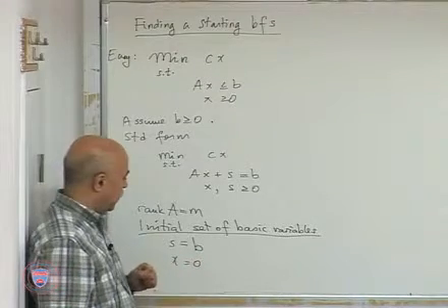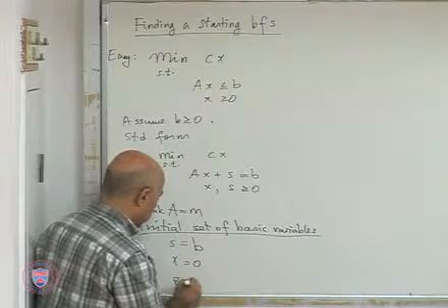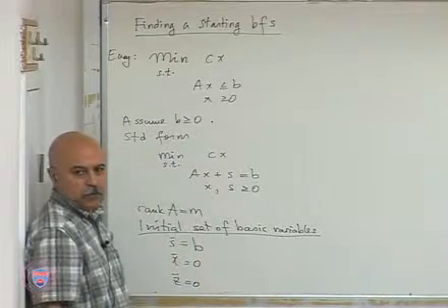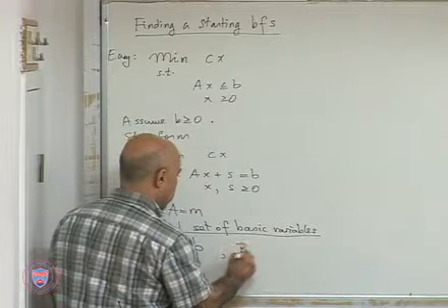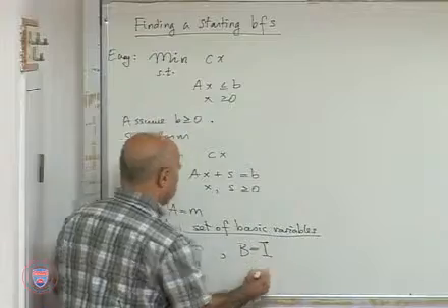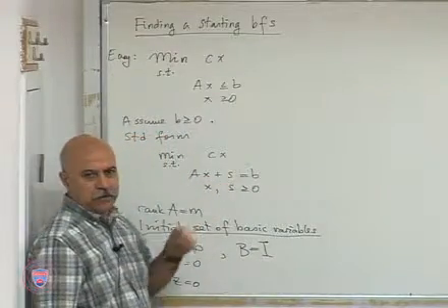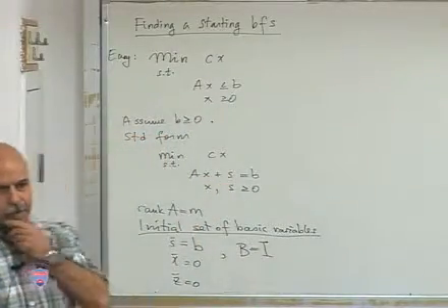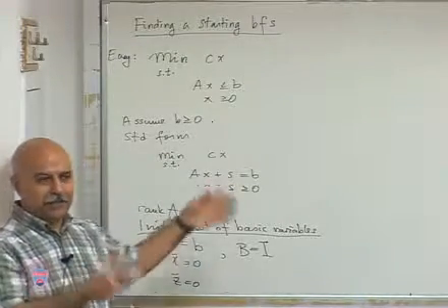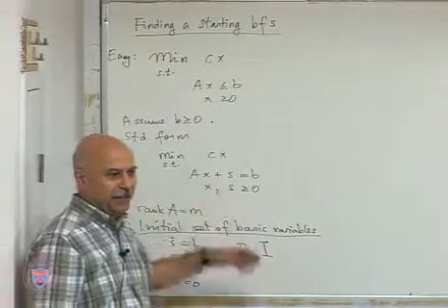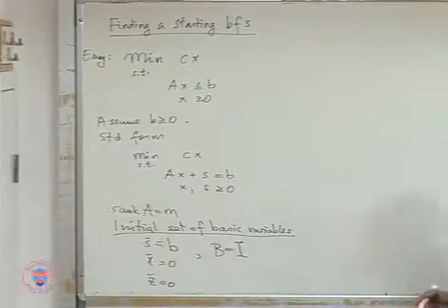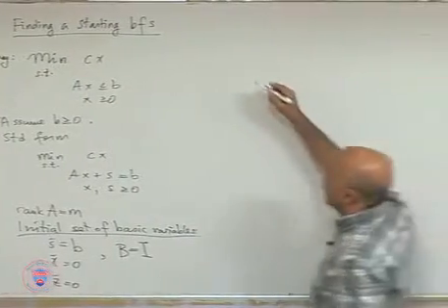Okay, it's satisfied. And the objective value is, of course, 0. That's the initial basic feasible solution. The identity is your initial basis because you have an identity in front of your S here. Okay? So that's the easy case. And the initial example I gave you at the very beginning was of this case, so we did not trouble with the finding of an initial basic feasible solution.